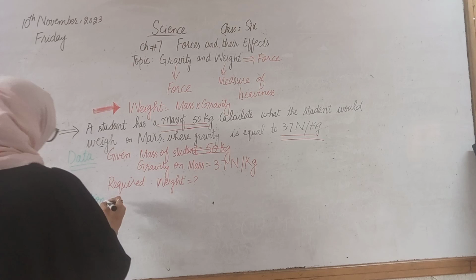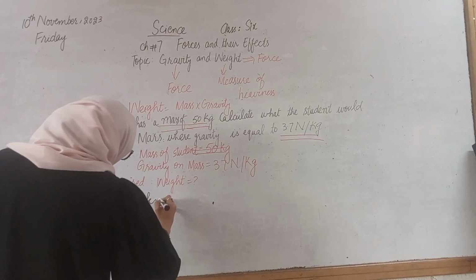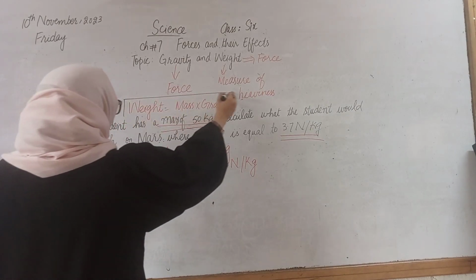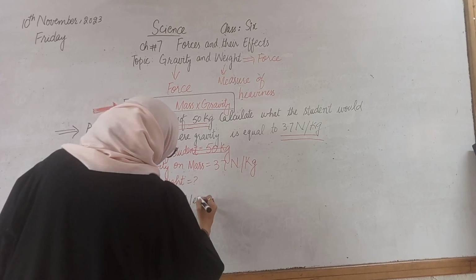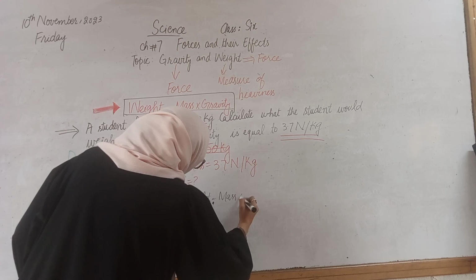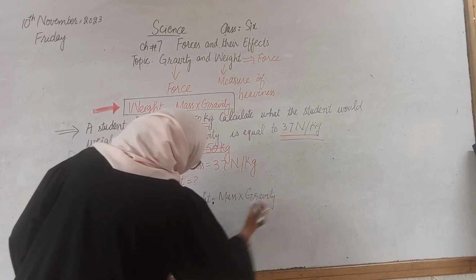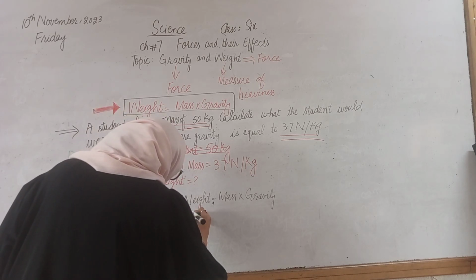We will continue by writing as we know. We know the relation, that is weight is equal to mass into gravity. We will put values. We will write here putting values.